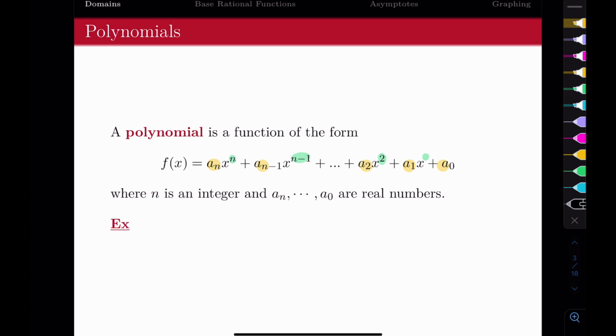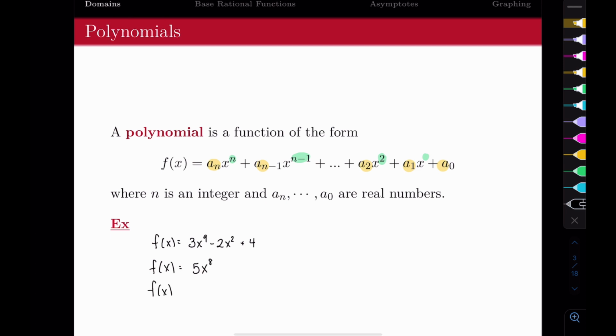So just to give you a couple examples of what a polynomial is, you could see something like f of x equals 3x to the 9th minus 2x squared plus 4. You don't need every single number in between, just as long as those powers are nice. Something like 5x to the 8th is also a polynomial.